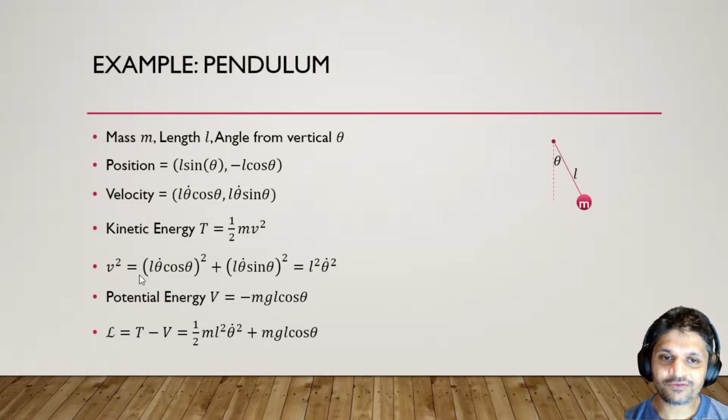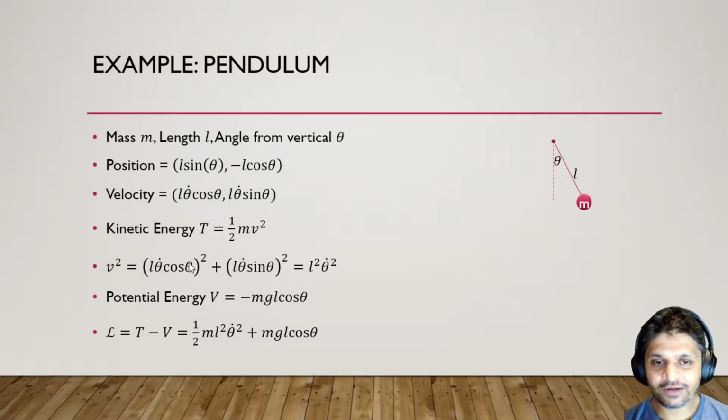So we can say that v squared is equal to (L theta dot cos theta) squared plus (L theta dot sine theta) squared. Basically these two terms, because that's our x and y and that's our r in the Pythagoras formula.